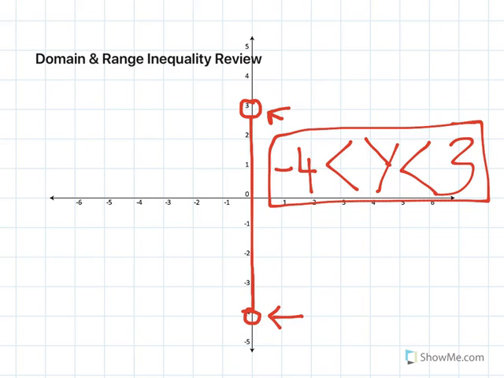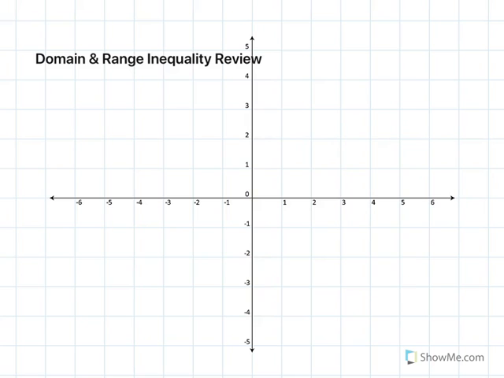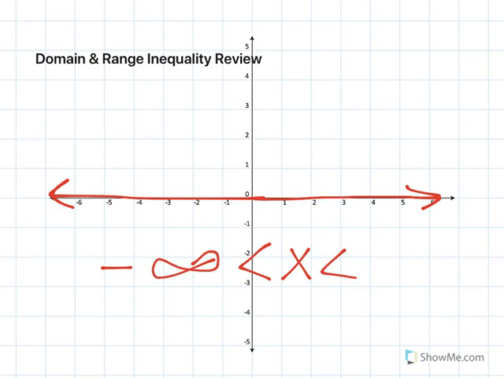The x or the y is always going to go in the middle, whether it's domain or range, and sometimes it might go on forever. You might have a line that just goes to negative and positive infinity, and then you say negative infinity is less than x is less than positive infinity. That's how you would write that.